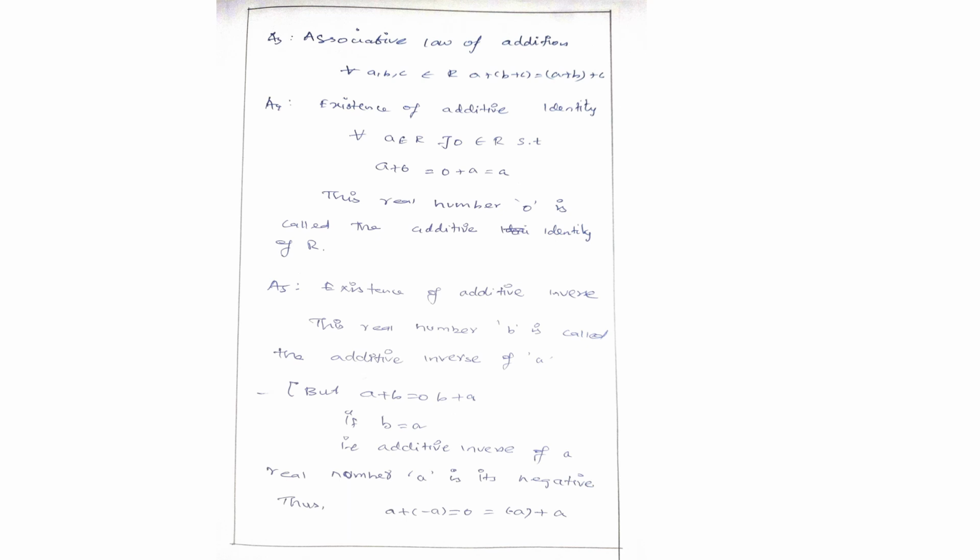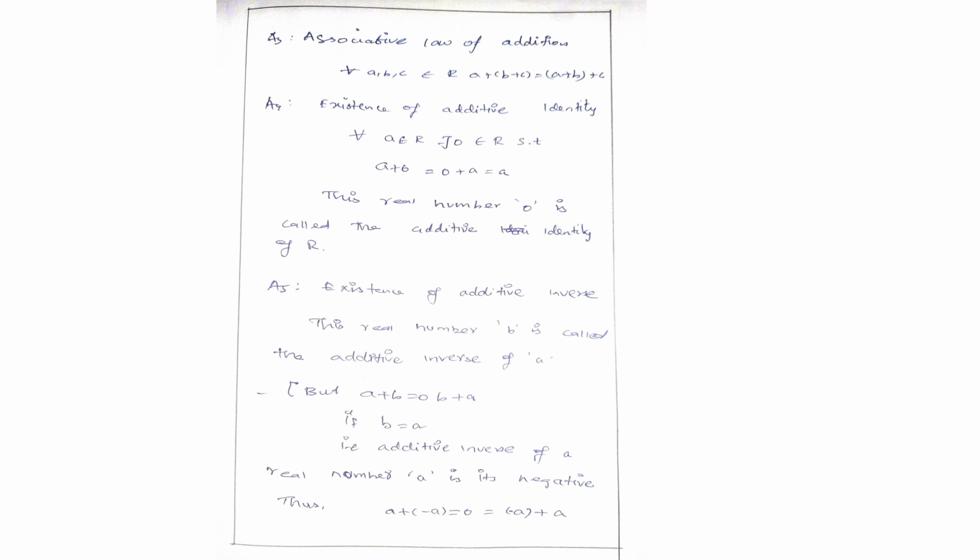So next one is the existence of additive identity. 0 is called the identity element, also known as the additive identity. For addition, we take 0 as the identity element. If we add any number to 0, the resulting number will be the same number.